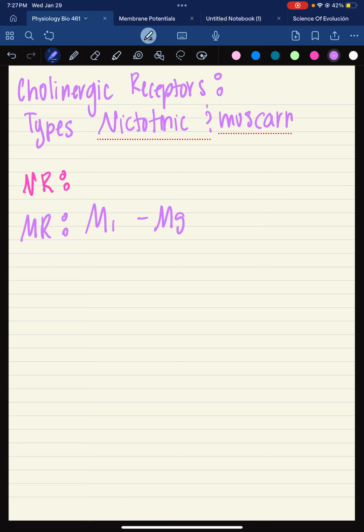And it could cause depolarization or hyperpolarization. And then we have the adrenergic receptors.